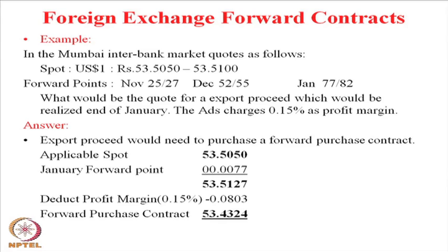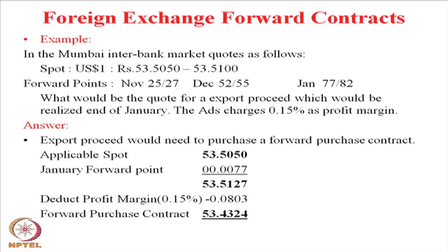So, here 3 things required. First thing, the rate is given to you, the spot rate US in Indian Mumbai interbank market. The spot rate is here $1 is the dollar spot rate.